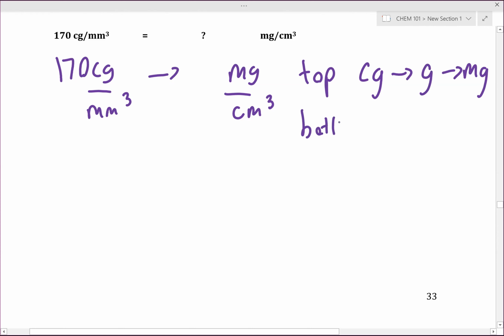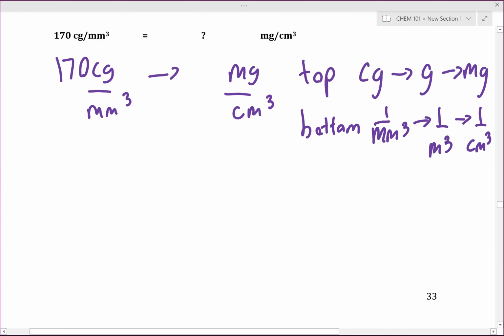Okay, so on the bottom, what is our starting unit? Yep. So we have 1 over millimeters cubed. And our end goal is what? Yep, 1 over centimeter cubed. Okay, what is our base unit? 1 over meter. Yep, 1 over meter cubed.